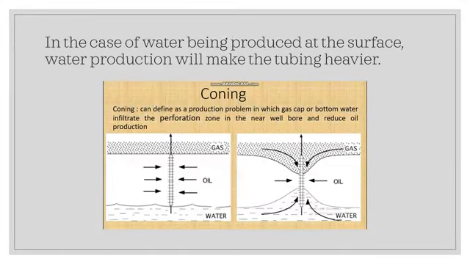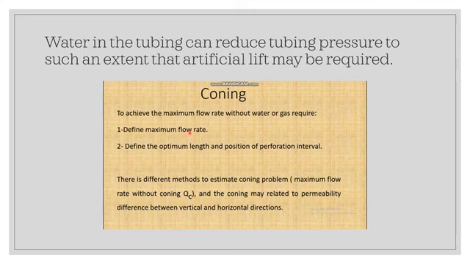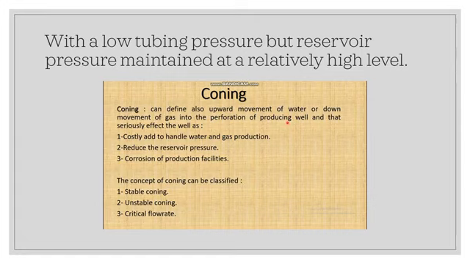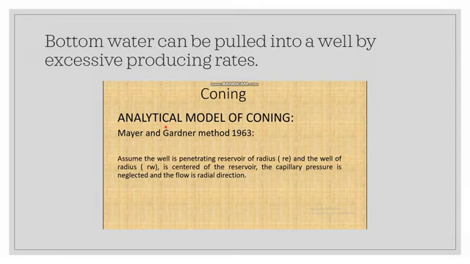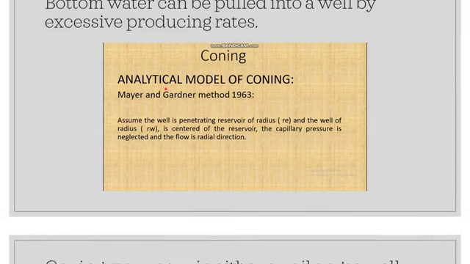In the case of water being produced at the surface, water production will make the tubing heavier. Water in tubing can reduce tubing pressure to such an extent that artificial lift may be required. With the low tubing pressure but reservoir pressure maintained at a relatively high level, bottom water can be pulled into a well by excessive producing rates.